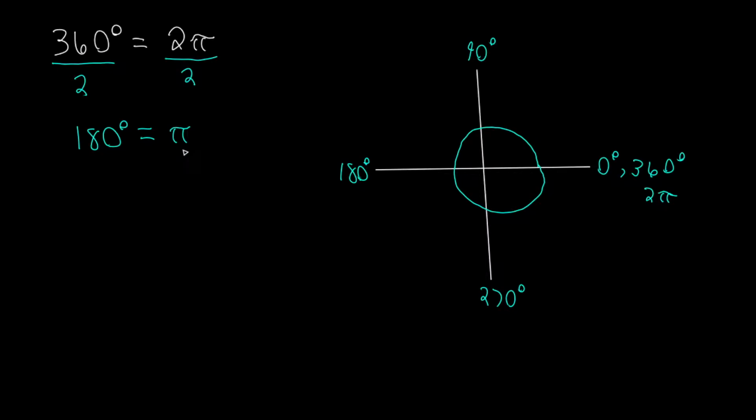So what if we have 540 degrees and we want to convert it to radians? Well, we multiply it by what we want over what we want to get rid of. So what we want is going on top, radians.